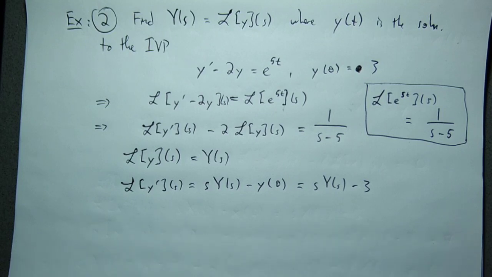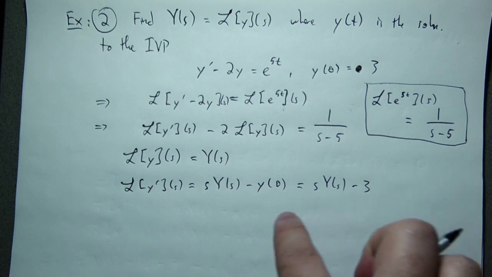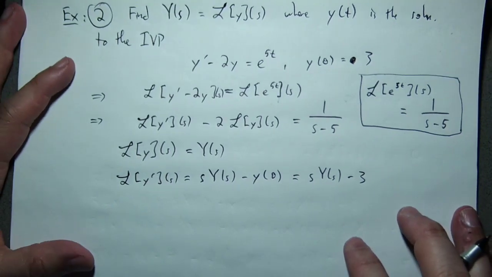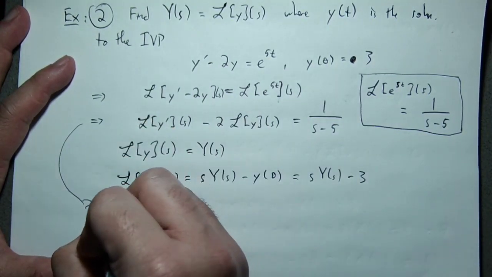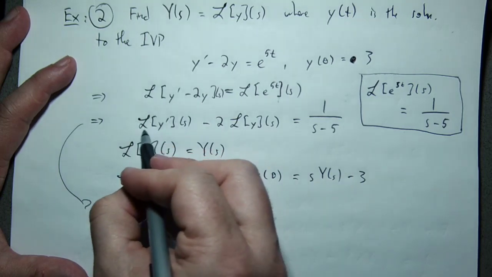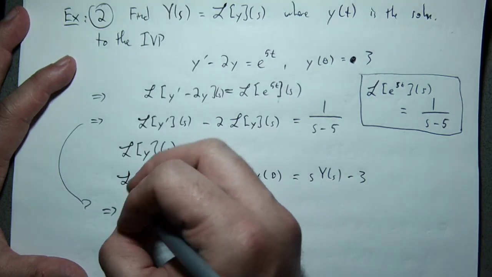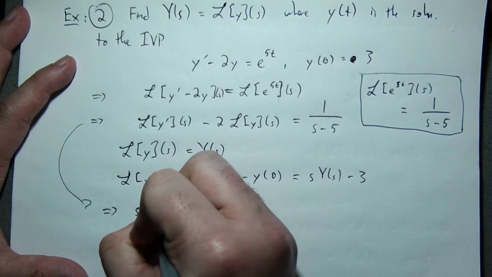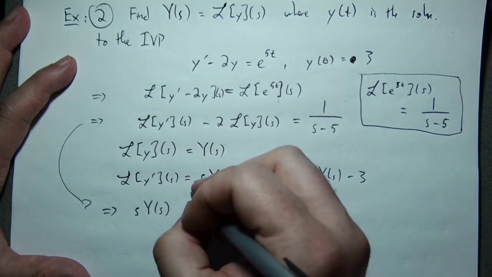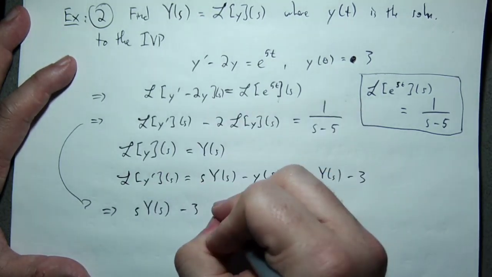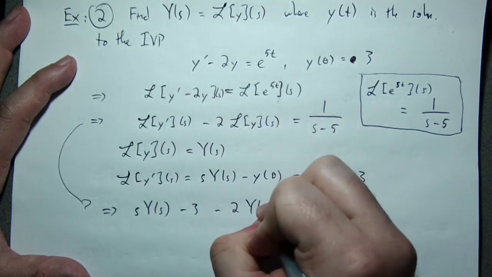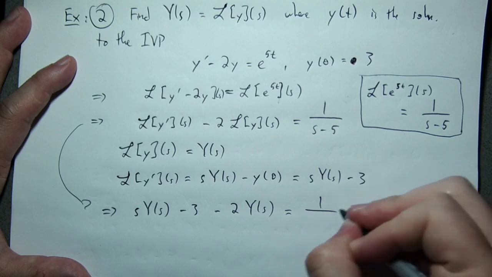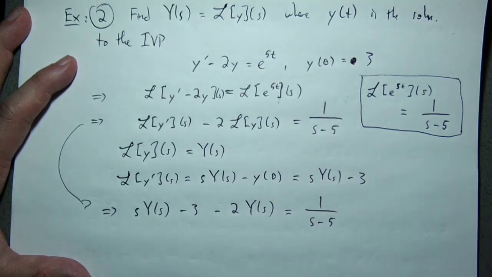All right. So here we go. This is s Y of s minus 3. Using that here, this tells me that the Laplace transform of y prime is s times big Y of s minus 3, minus 2 times big Y of s, and that's equal to 1 over s minus 5.